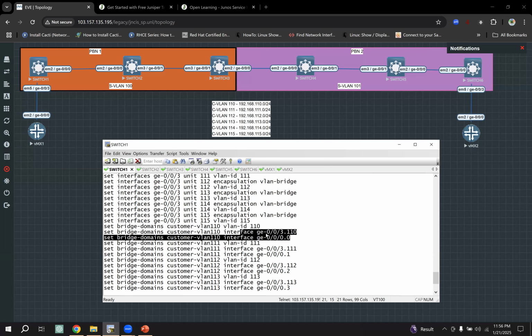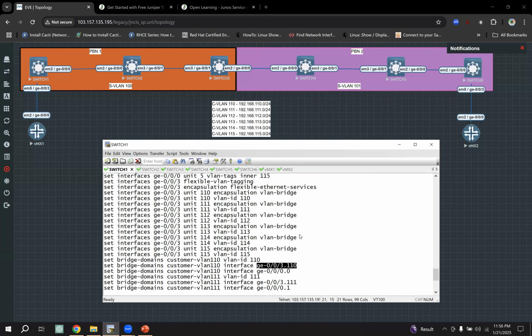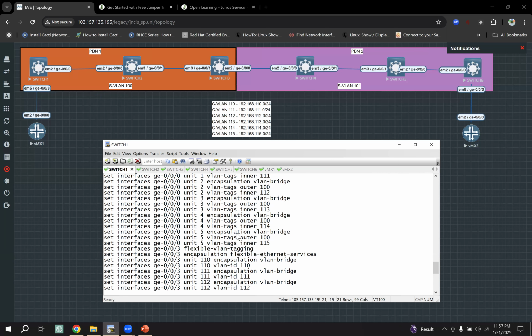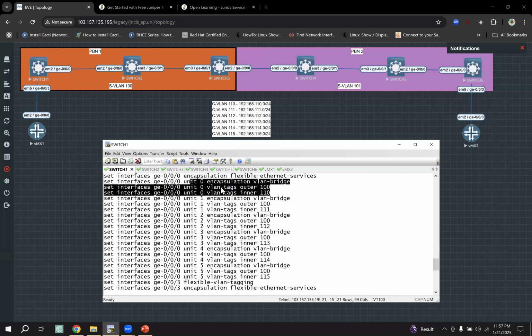So in ge-0/0/3, we are using here .110. 110 VLAN is the VLAN bridge. So this interface bridges with the outgoing interface ge-0/0/0, that is .0. In .0, we are mapping 110 to 100.